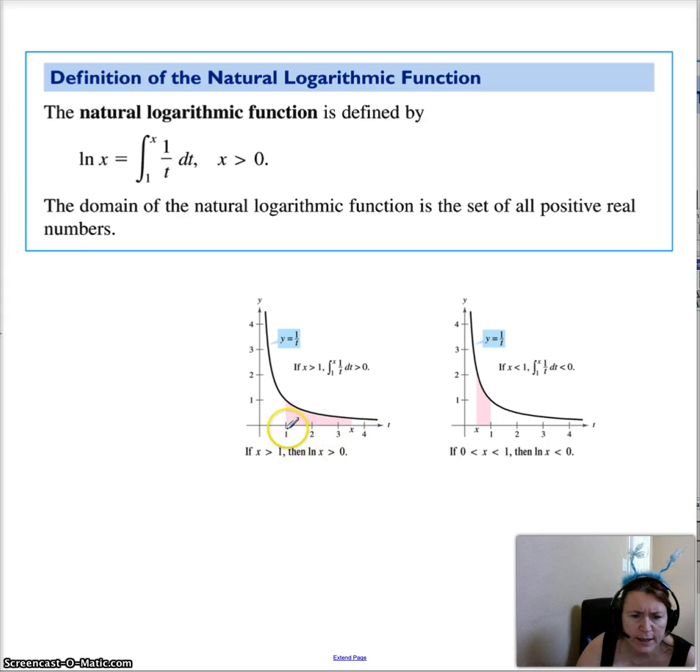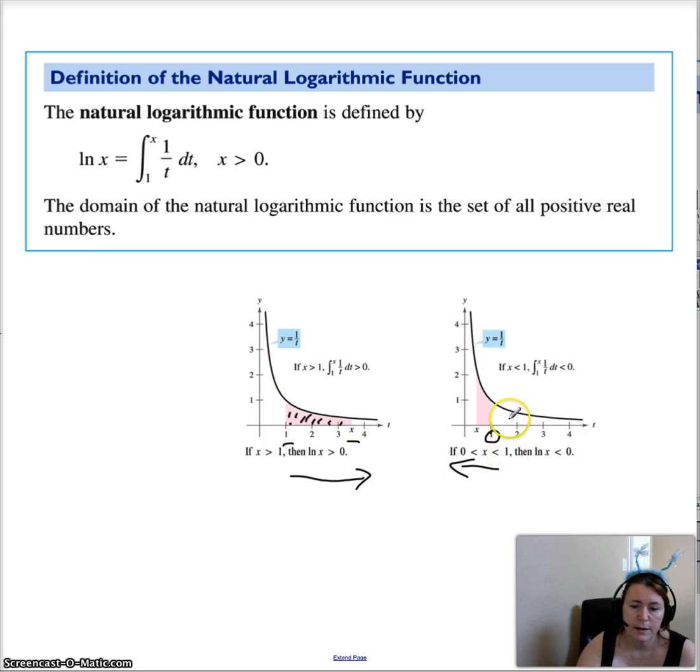Okay, we're integrating from 1 to x. So if x is greater than 1, then we're taking the integral from left to right, and we're going to find this area right here, which is positive. However, if x is less than 1, then we're going to be going back, from right to left, and so this integral is going to be negative.